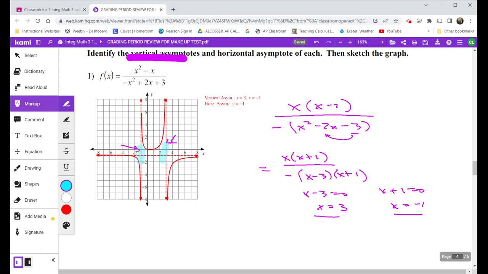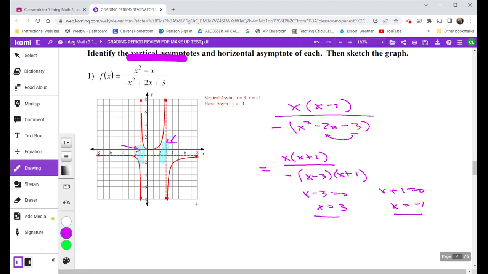How do I find my horizontal one? Well, if you remember, I plug in infinity. Let's do a different color.